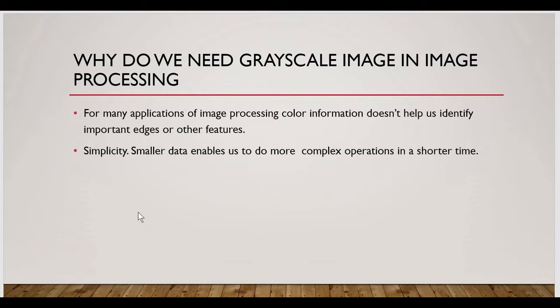Another reason is that the RGB image that we have seen earlier is 3-dimensional, while a grayscale image is only 2-dimensional. There are some algorithms that can be applied only on 2D images, like edge detection and feature extraction algorithms. So for that we need to convert the image into a grayscale image.